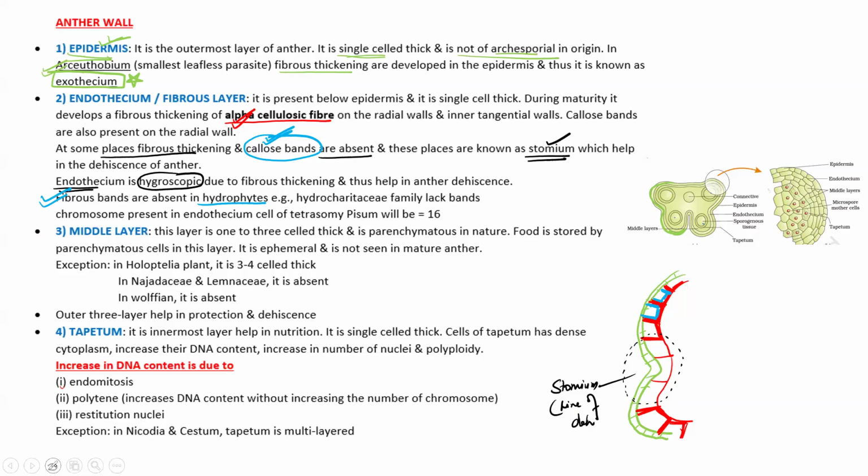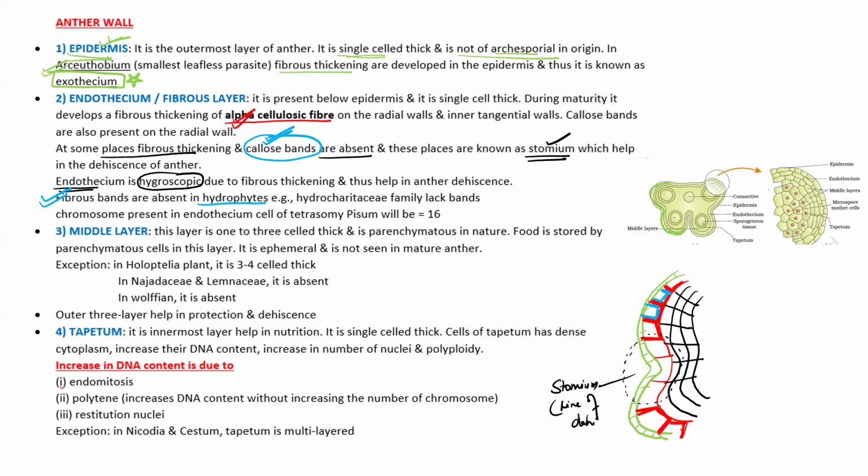Next is the middle layer. The middle layer is nearly 2 to 3 layers. I am drawing 3 layers in my diagram right now. This is the middle layer, and it is 2 to 3 layers thick. This layer will not be seen at the time of anther maturity.